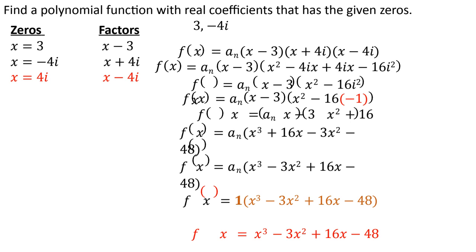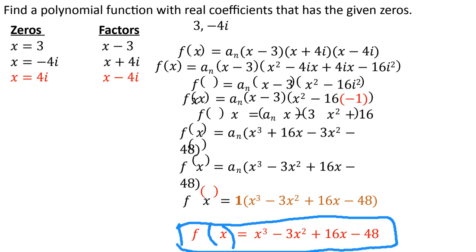So then your polynomial here is negative 48. This is all of your polynomial.